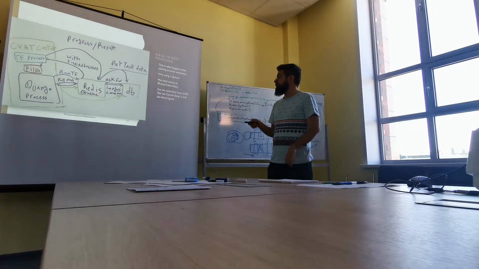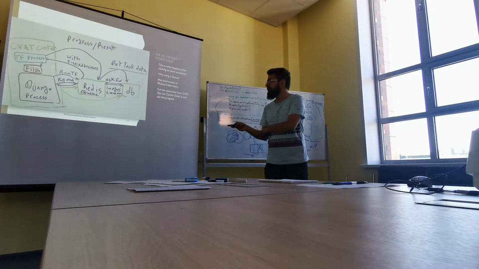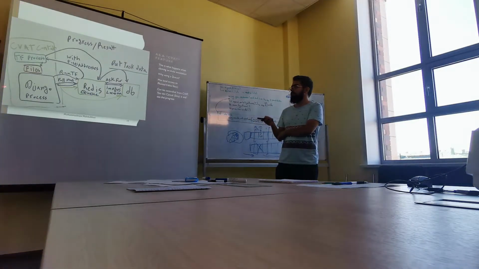Why do they use a Redis queue? For two reasons. When you run the annotation process, the Django process would stop responding and it won't work, so it's an async process.